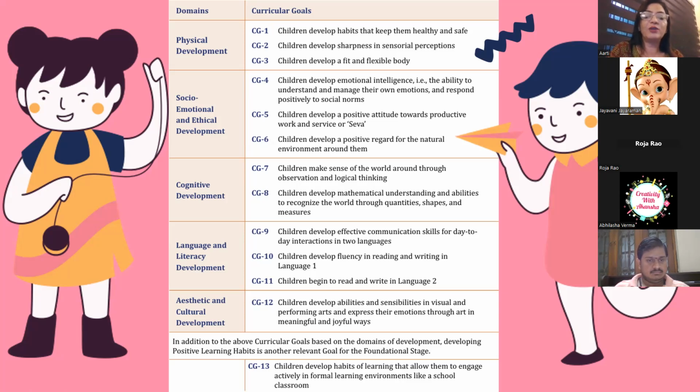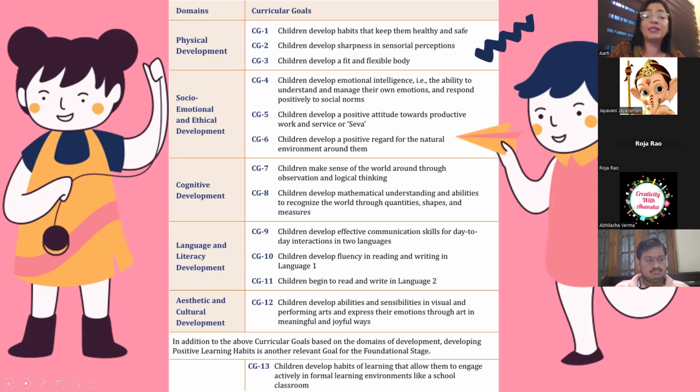Coming on to curricular goals 7th and 8th, they are there for cognitive development. Here, children make sense of the world around them through observation and logical thinking. It focuses on helping children develop critical thinking and problem solving skills, the 21st century skills, through exploration, observation, and reasoning.